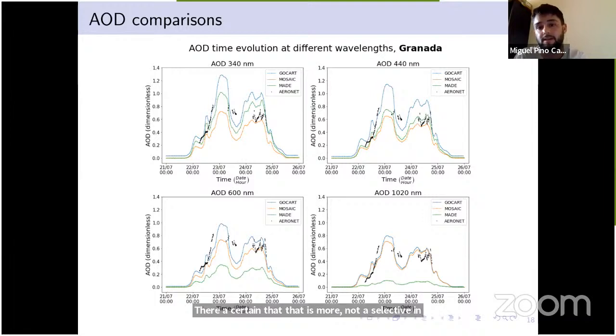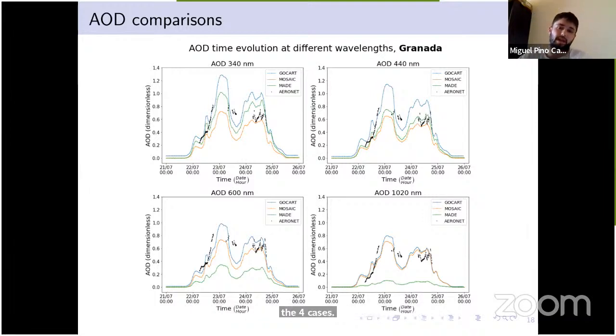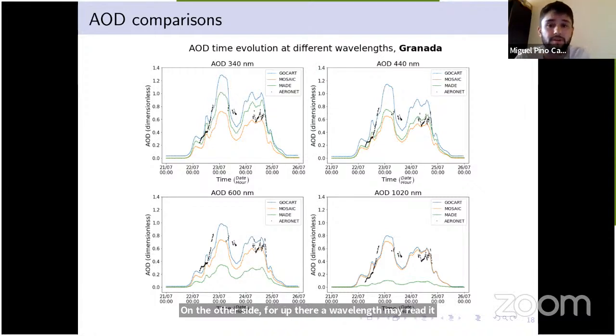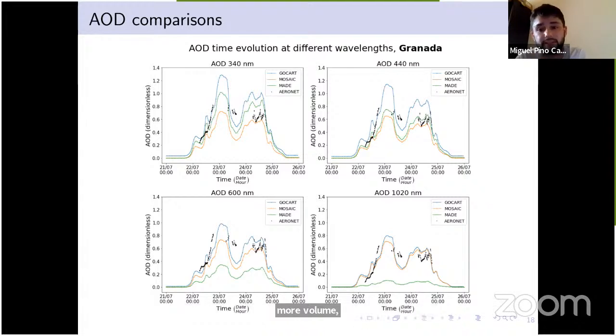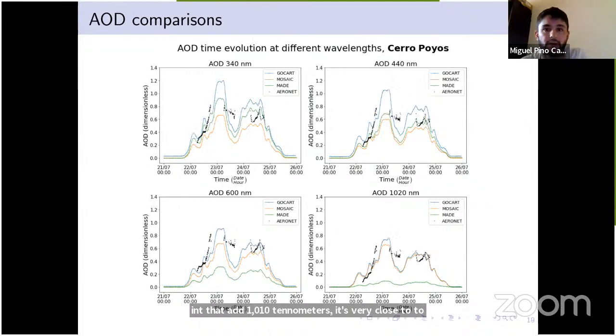On the other hand, for the upper wavelengths, MADE predicts more volume concentration, but it predicts very small aerosol optical depth, even to the point that at 1020 nanometers, it is very close to zero. We can see that at Cerro Poyos, we have a very similar behavior.